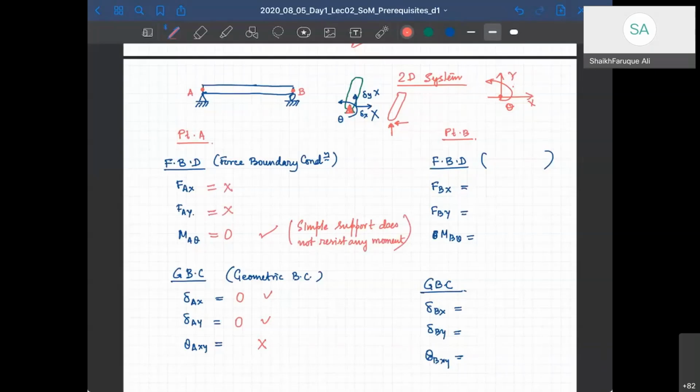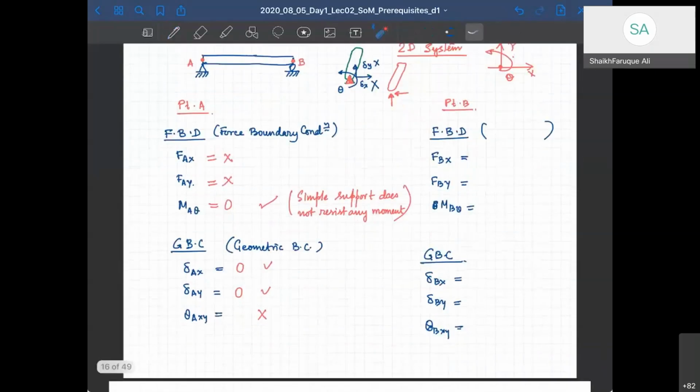Now look at this pair. Very interesting pair. Force along x direction at A is not known, but displacement is known. Force at A along y is not known, but displacement is known. Moment at A is known, slope is not known.